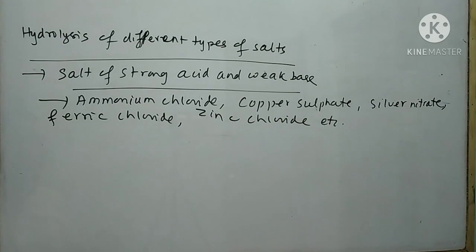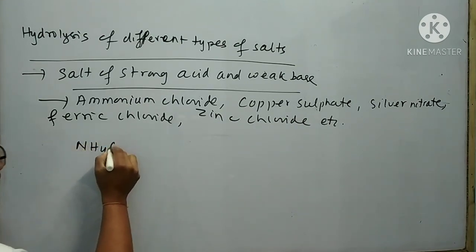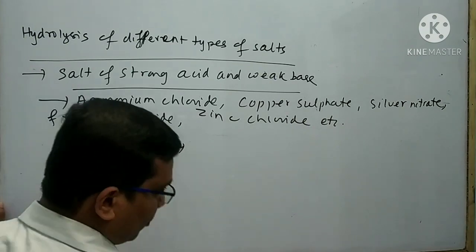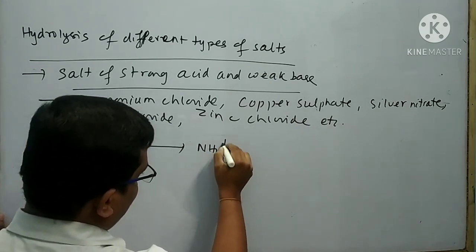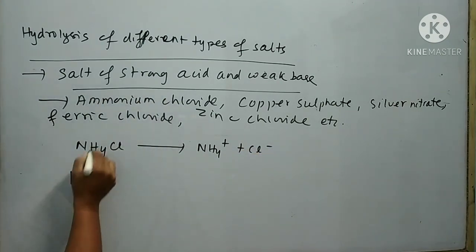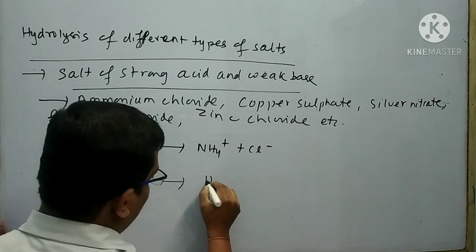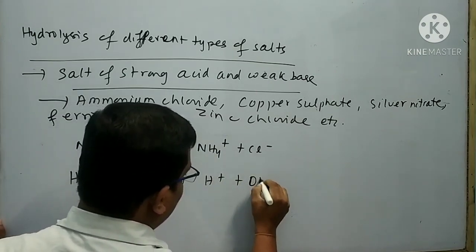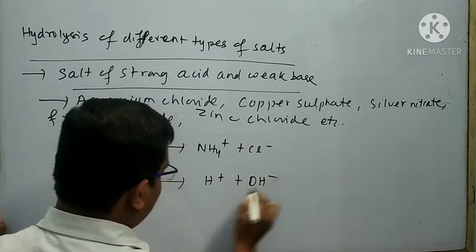Suppose I want to think about the hydrolysis of ammonium chloride. When ammonium chloride undergoes dissociation, it gives NH4 plus and Cl minus ions. When water is added to the NH4Cl, what will happen? Water also undergoes ionization, giving H plus and OH minus ions.